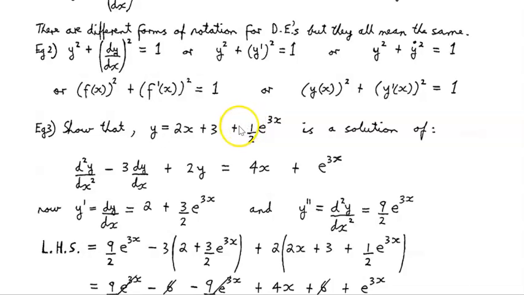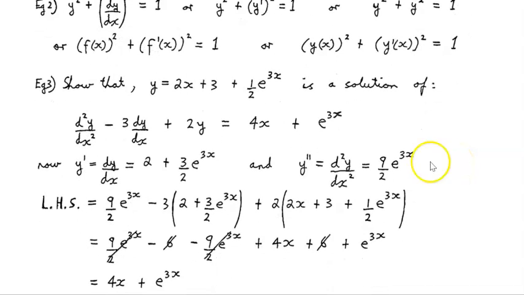The way to do that is to find the various derivatives, first and second derivatives, because that's what the left-hand side involves, then substitute them into the left-hand side and see that the result, after algebra, agrees with the right-hand side. Then we know that this proposed solution is in fact an actual solution to this differential equation. Let's start.